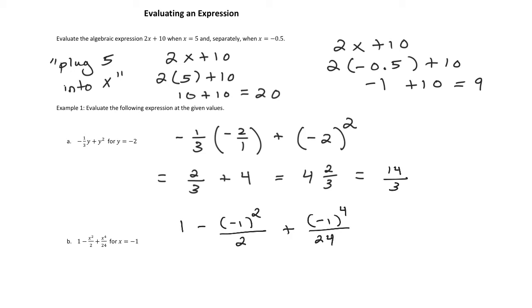However many x's appear, it's the same number that's going in place of it. There are just 2 here, which is why there's a negative 1 appearing twice. To simplify this, if I deal with the exponents first, that's going to be 1 minus, if we square a negative 1, that's a positive 1. And if you raise it to a 4th power, it's going to be positive as well. So that's a positive 1 out of 24.